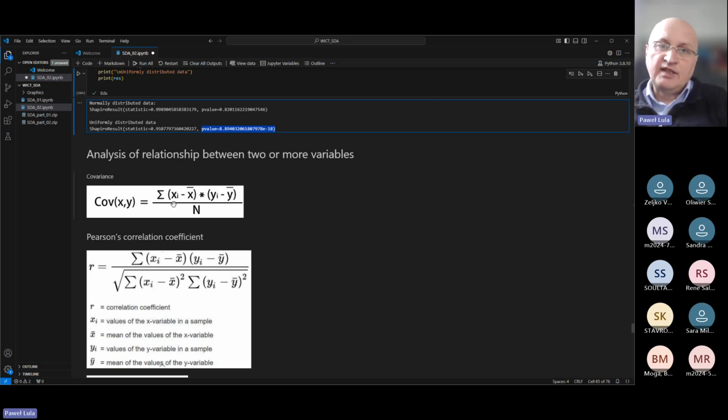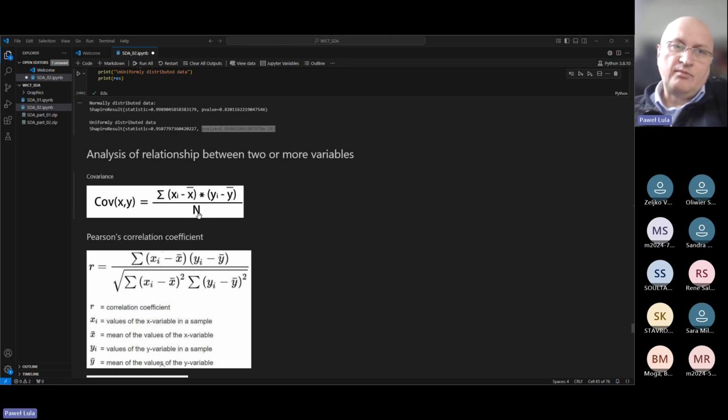For every data point, we should calculate this product, and after it, we should add all of them. And at the end, we should divide by n, the number of objects, the number of observations.